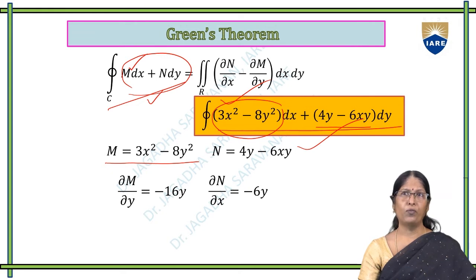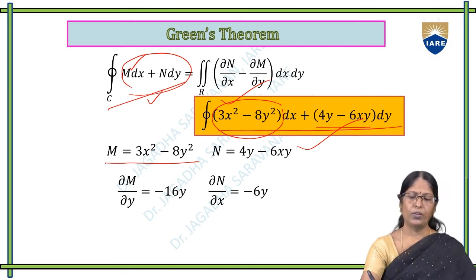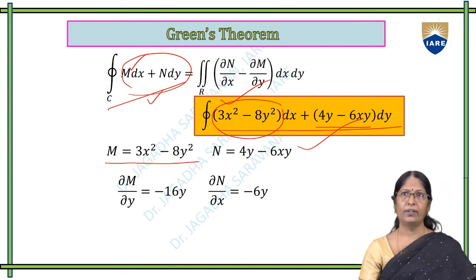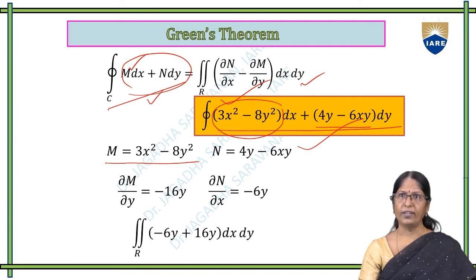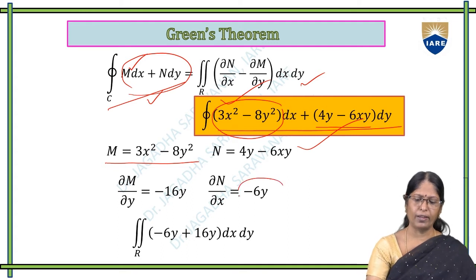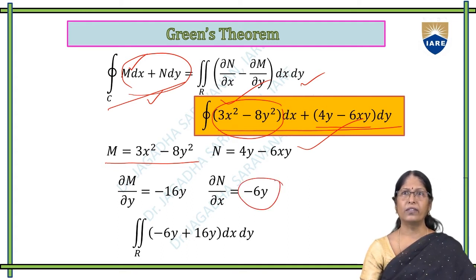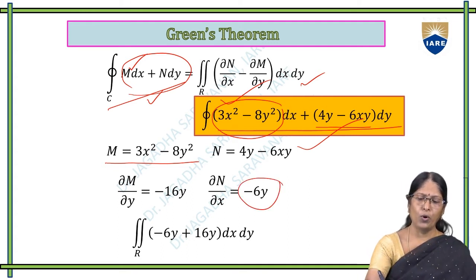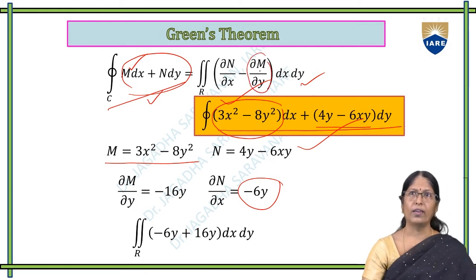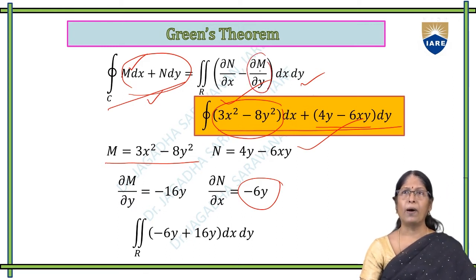Now we are going to focus on the right side, that is dou N by dou x minus dou M by dou y. Dou N by dou x is nothing but minus 6y. Dou M by dou y is nothing but minus 16y.